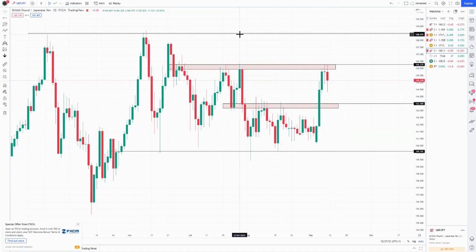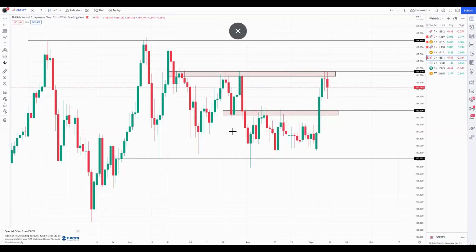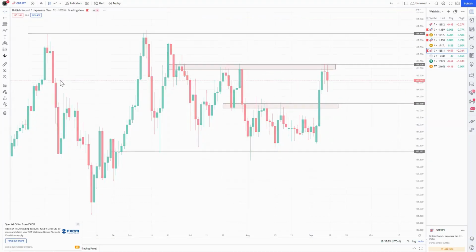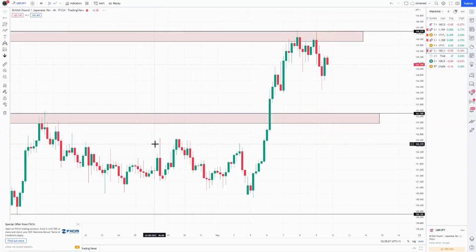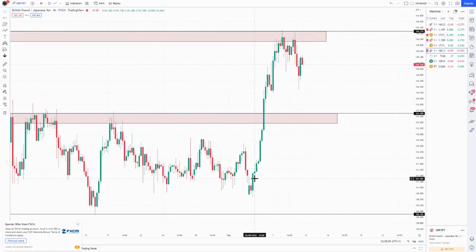But let's see what we can also mark again. So let's go down to the 4-hour time frame to see what we can also mark, if we can spot where we can mark our trend line. So let's see.